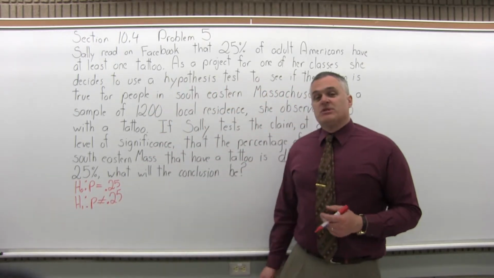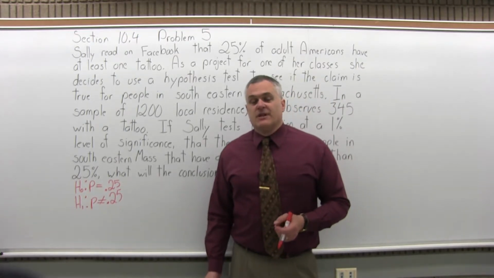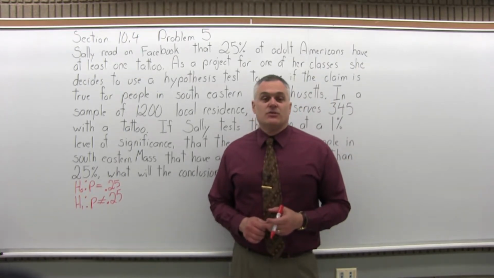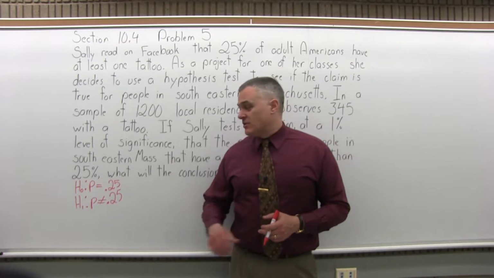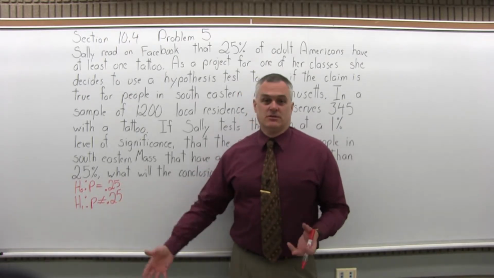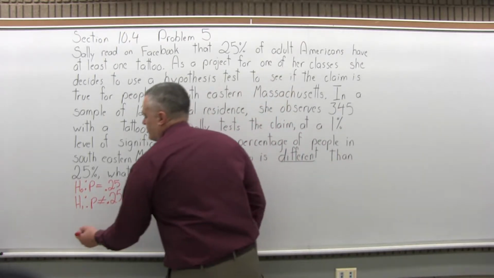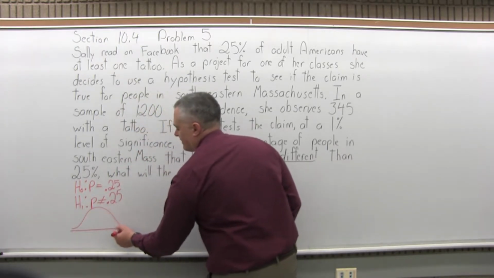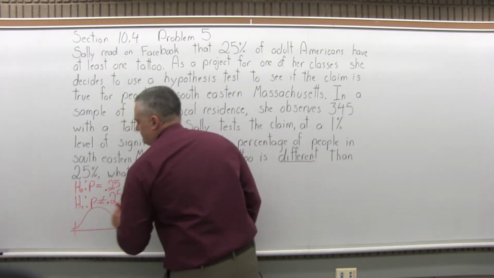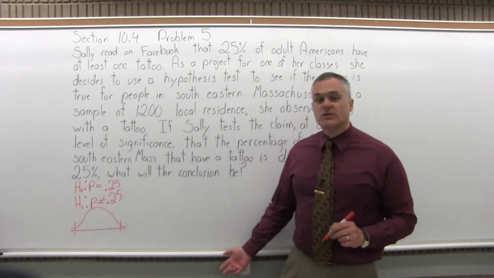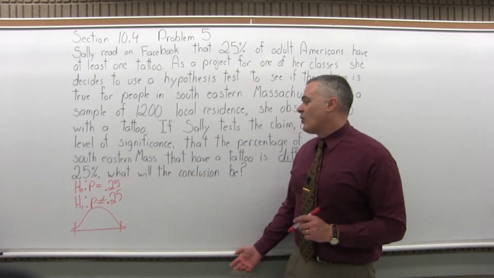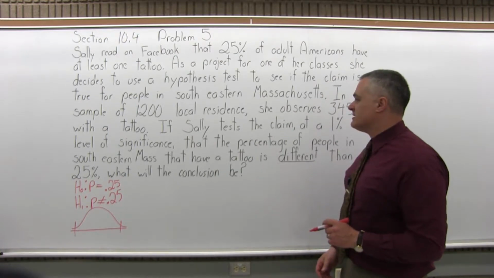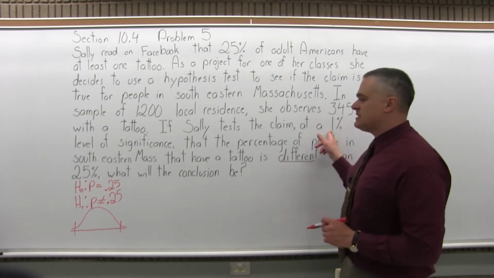So the next step is determine what type of test we have. Is it a left tail test, a right tail test, or a two-tail test? Well, whenever it's not equal to, it's a two-tail test, which means there's a critical region in each end or each tail of our graph. Now, how big is each critical region? The question says to test at a 1% level of significance. There it is, 1%.